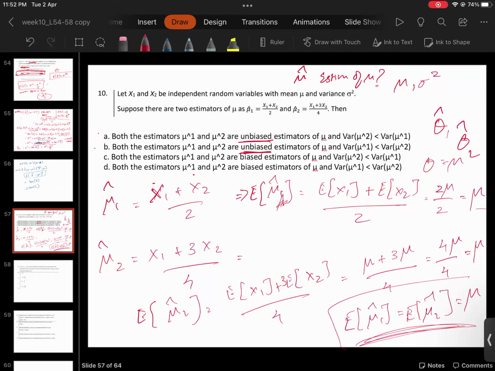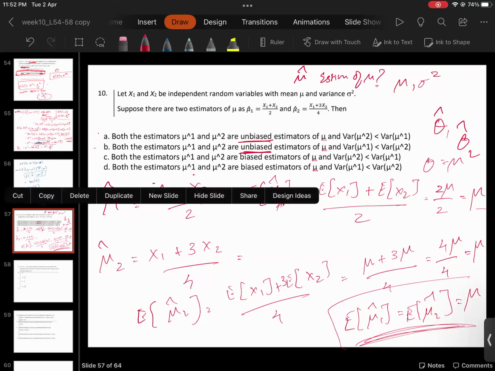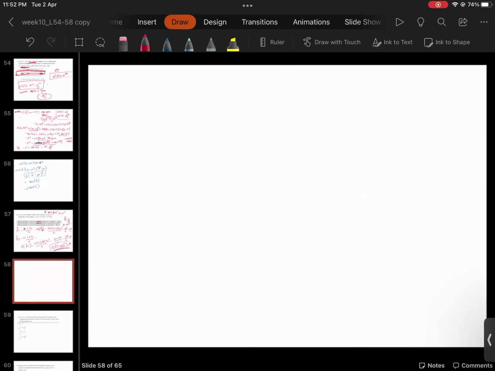Now we need to see which of these holds. We need to see if variance of mu2 hat is less than variance of mu1 hat, or variance of mu1 hat is lesser. For that, what do we do? Variance of mu1 hat is equal to variance of (x1 plus x2) by 2. When you have a constant in variance, you bring it out and take a square of it.